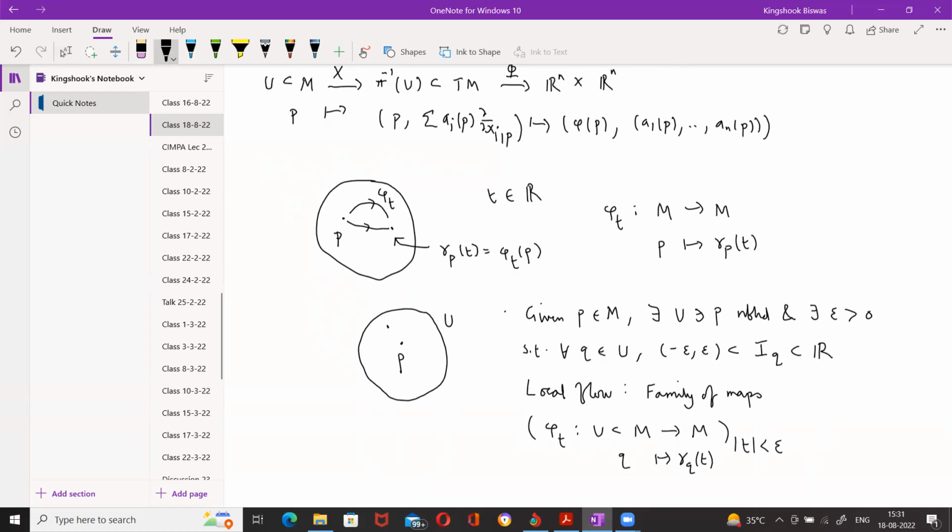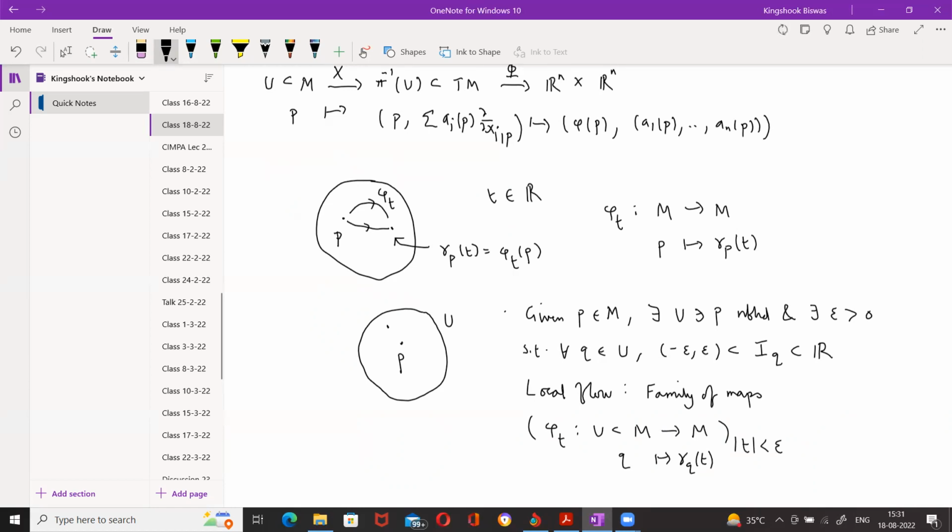Is the definition clear? Yes. So the local flow, given a point P, we'll get some epsilon so that the maps phi t are defined in a neighborhood of P for all t less than epsilon.